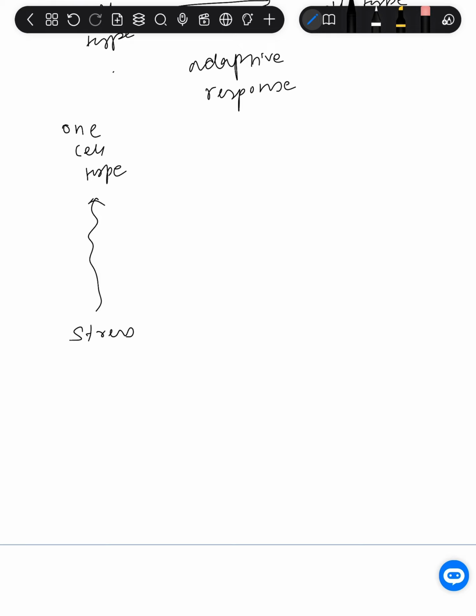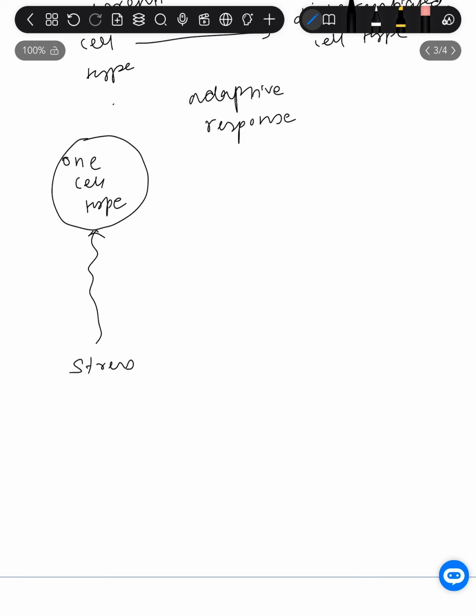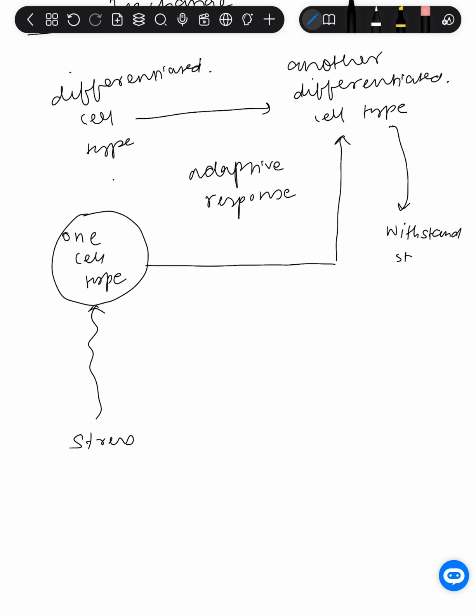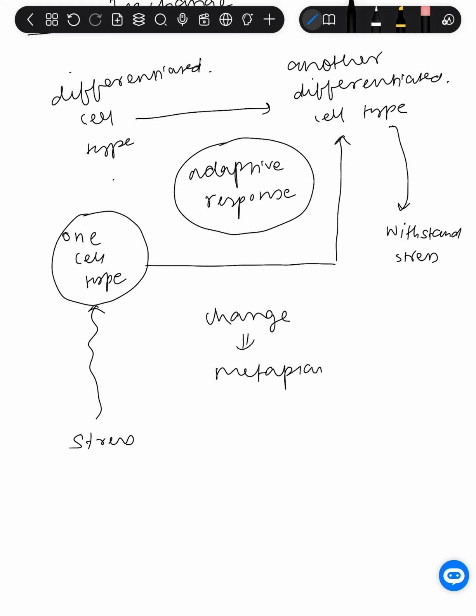It is an adaptive response in which this one cell type is converted into another cell type, and this other cell type can withstand that stress. It's common sense, right? This is why this adaptive response is happening, and this change is what we call metaplasia.